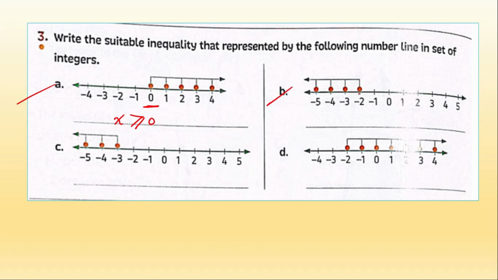Here x is starting with -2 and moves to the smallest numbers, so x may be smaller than or equal to -2. We can also say x is smaller than -1, because -1 is not with us here, so we didn't write or equals.